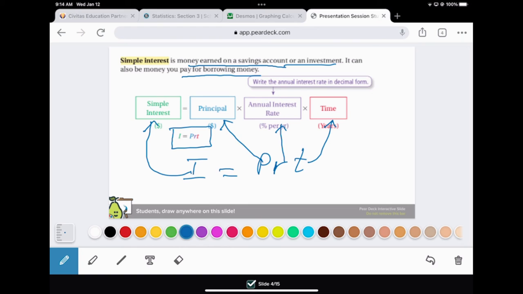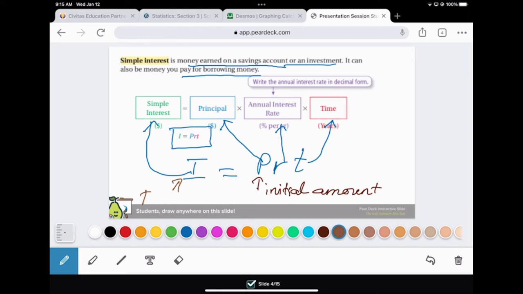The simple interest is in money, the principal is in money, the rate is in percent, the time is in years, months, or days. So what is the principal? Principal is the initial amount. The simple interest is the amount that you will pay.